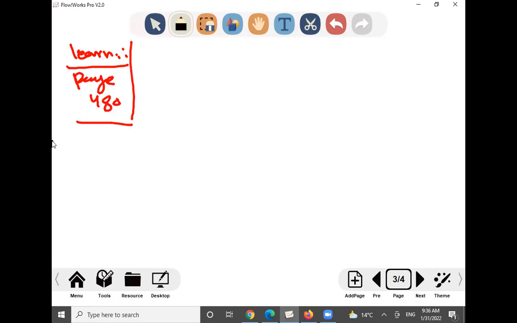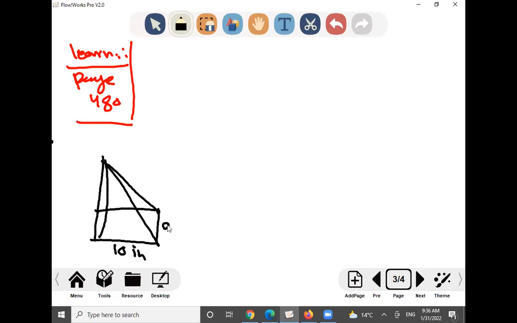So, they put for me a rectangular pyramid, okay? Now look what they gave me. They gave me the length 10 inches, the length of the base, and the width 9 inches. And up here, they gave me that V equals, what's V? The volume.